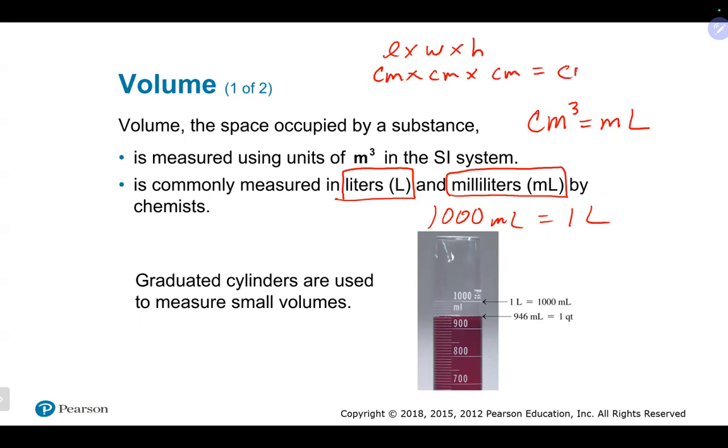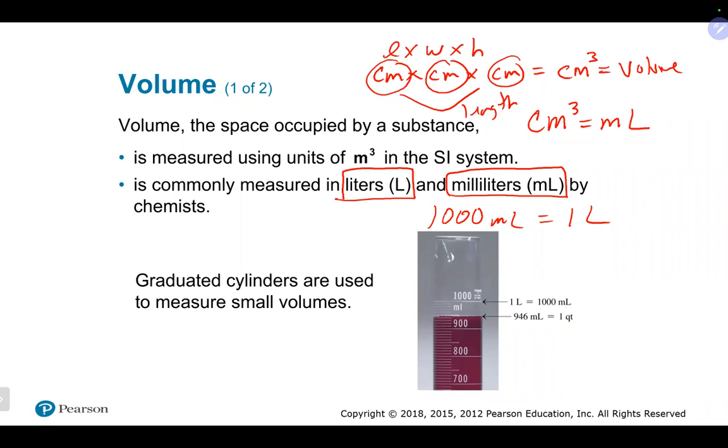And when we multiply all those together, that gives us cubic centimeters, which is a volume. So any type of length measurement for the most part that has been cubed is a volume measurement. Each of these individual measurements here, these are all length measurements. But if you multiply them together in a cube type situation, you will get the actual volume.